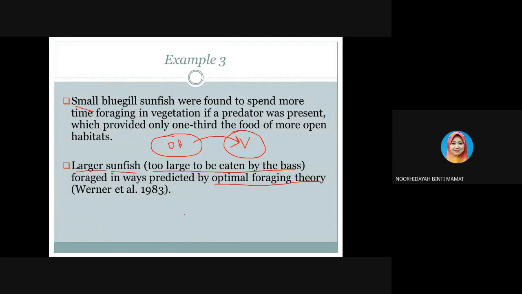Okay, it will fit the optimal foraging theory, where they will spend more time in the patch when they are spending more time traveling to search for food. So this shows the trade-off that affects the foraging decision, the decision of whether to leave the patch or not.